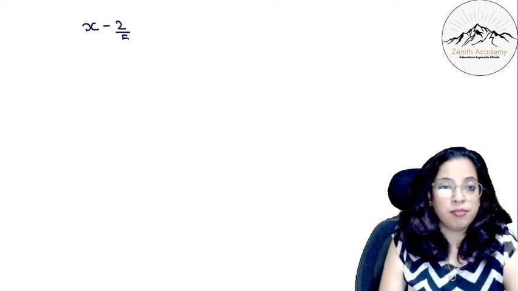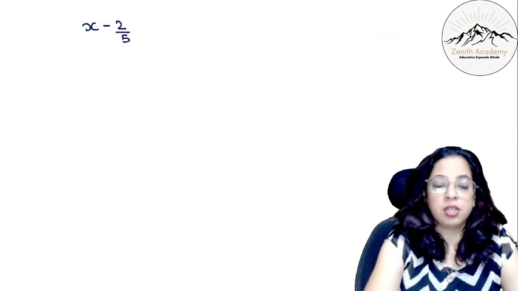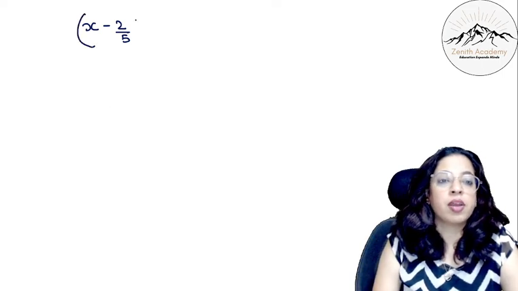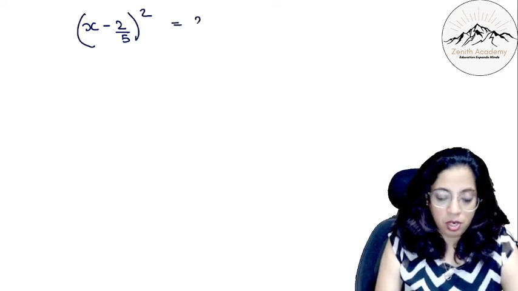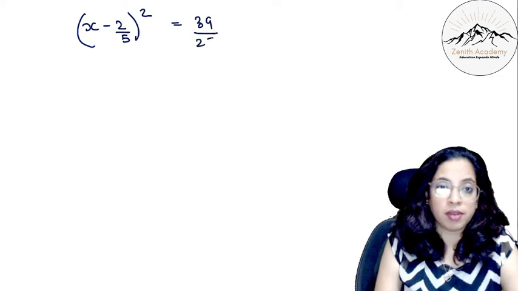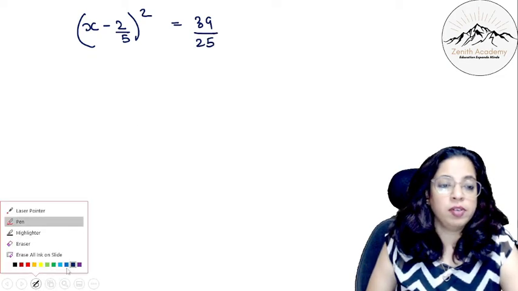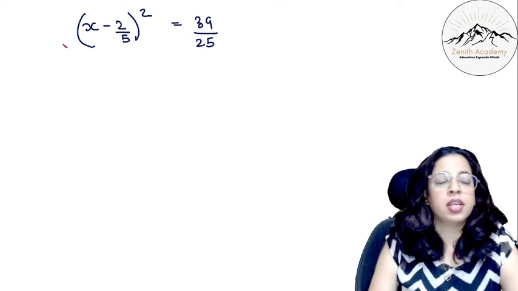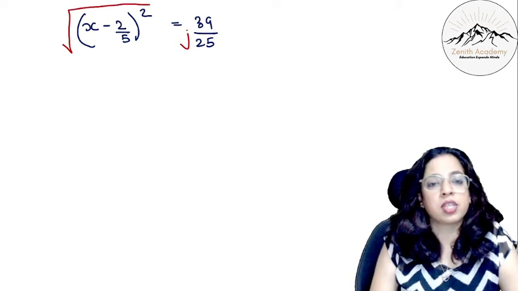So let's go on the next page. So x minus 2 by 5, let me check. x minus 2 by 5 whole square is equal to 39 by 25. Now what will we do? Take the square root on both the sides.